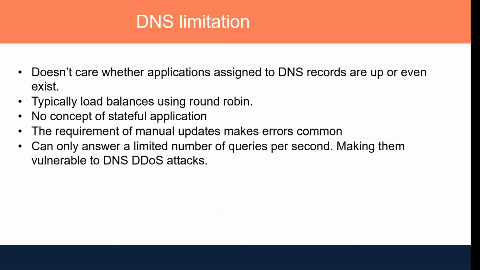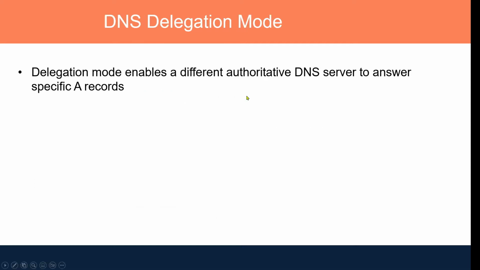Now moving to the next topic. We are going to talk about DNS delegation mode. Basically, you can delegate your DNS services to a different authoritative DNS server, so that server can answer the query.